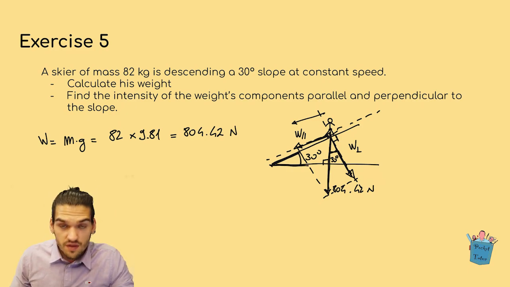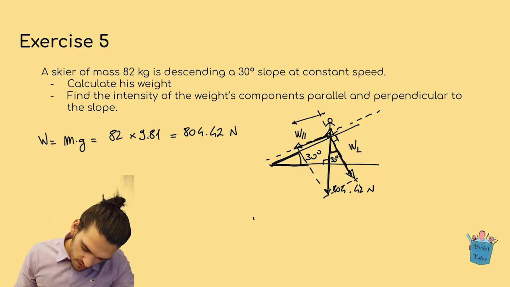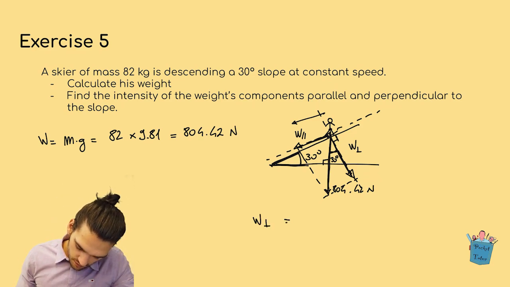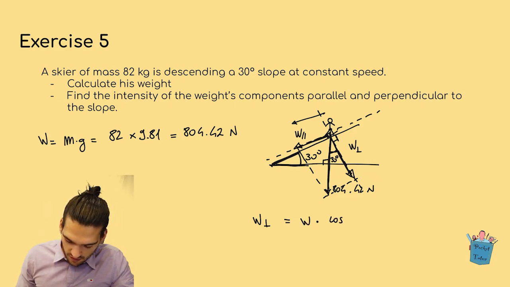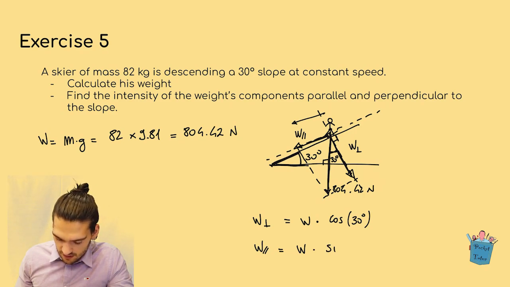So we know this one is 30 degrees, and in order to compute the components, either we do it graphically or with an equation. And that equation is this one. W perpendicular is equal to W times the cosine of 30 degrees, while W parallel is equal to W times the sine of 30 degrees.